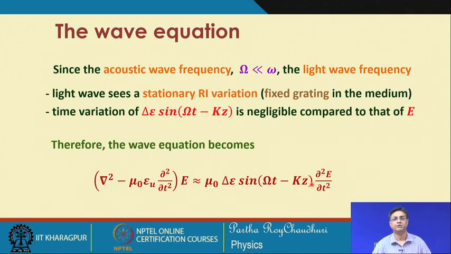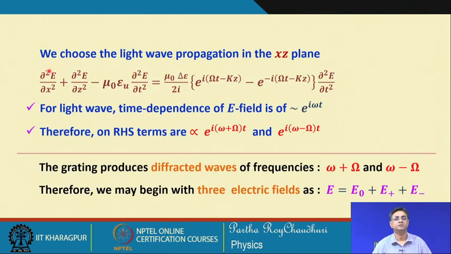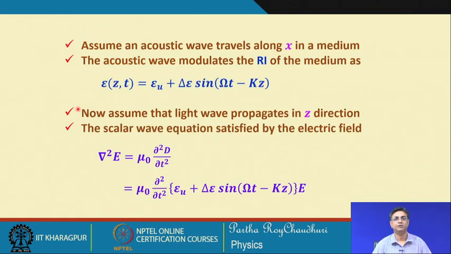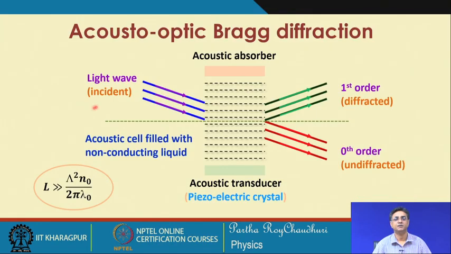You have this wave equation, and now we will see that because we have assumed that the light wave propagates in the xz direction, we have to go back and see this situation. So, this is your x direction and this is your z direction.